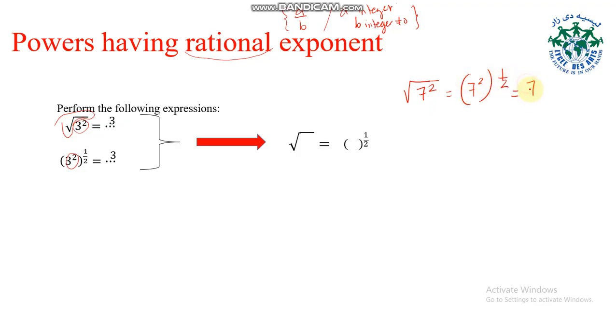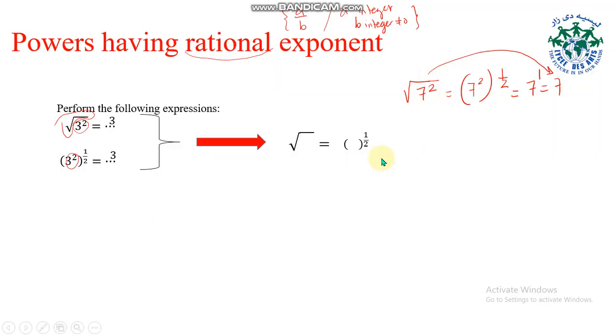That's why it will be 7 to the exponent 2 times half, which is 1, which is 7. But we got used to do it directly. Radical 7 squared is 7. But here we are discussing in detail why we remove the square with the radical in this case.